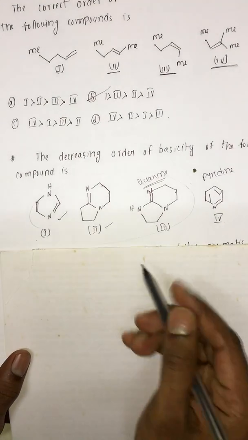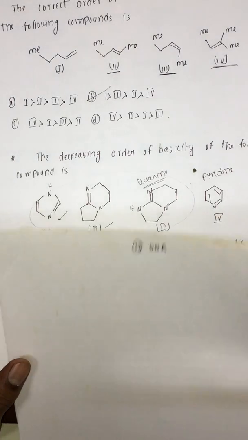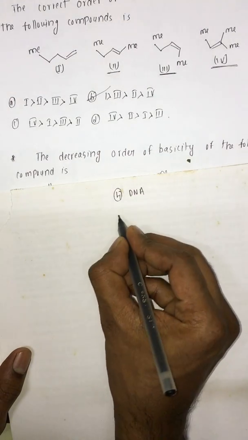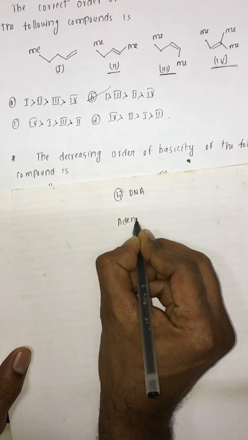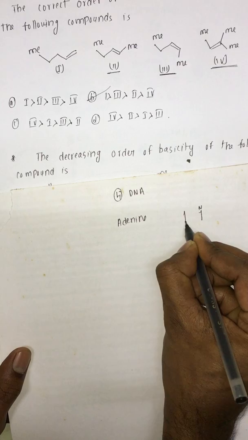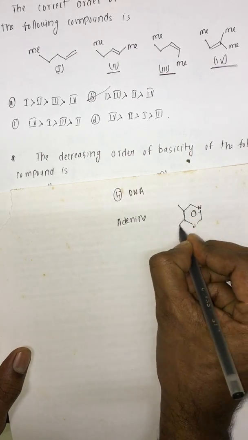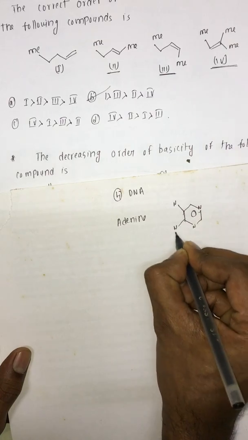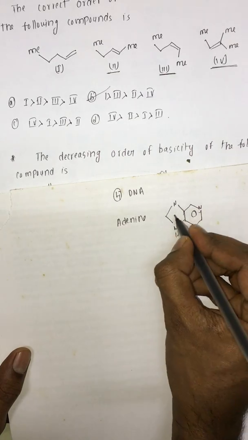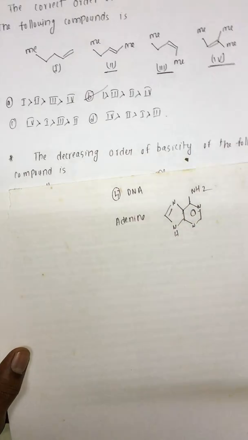So there are four DNA bases. These are very important. We have adenine, structure is this, NH, this is adenine.